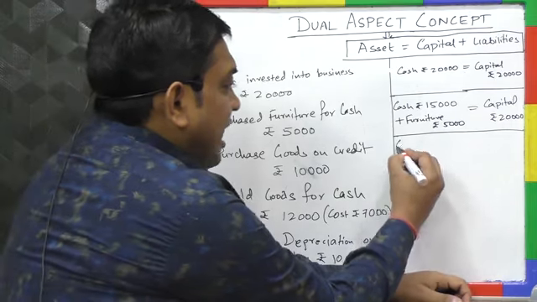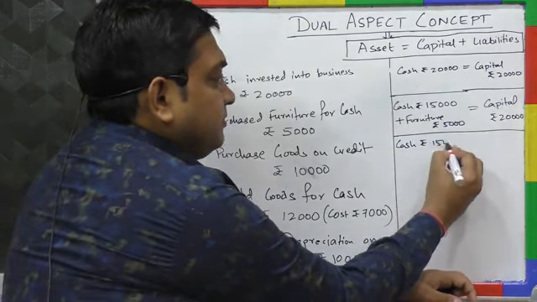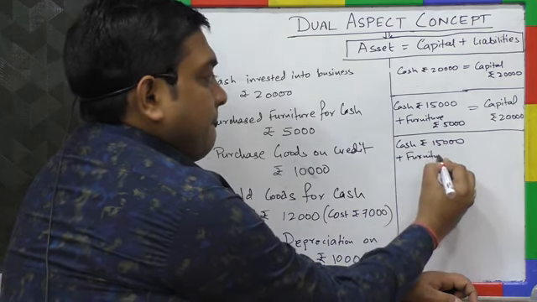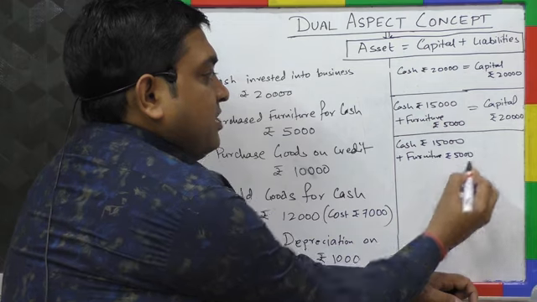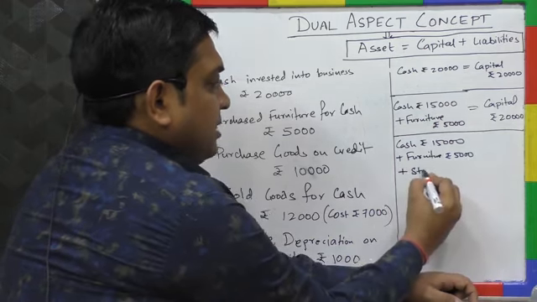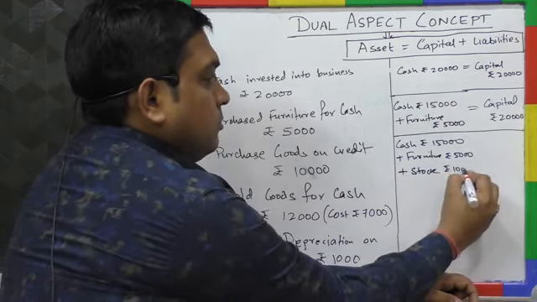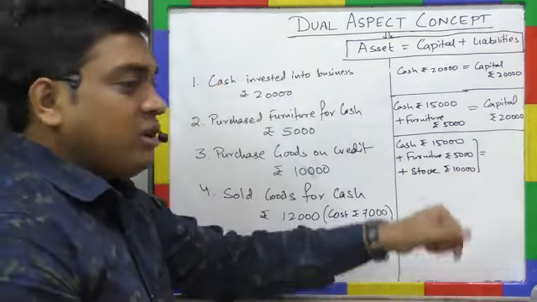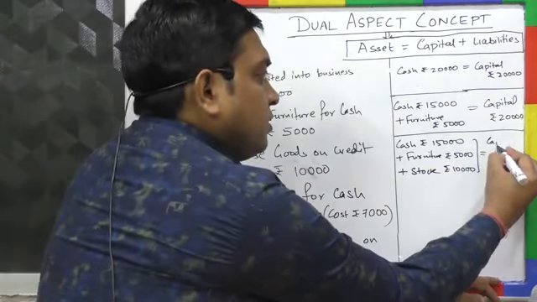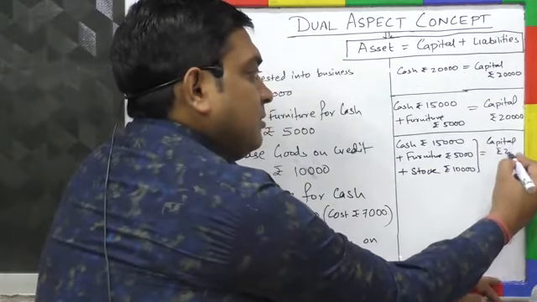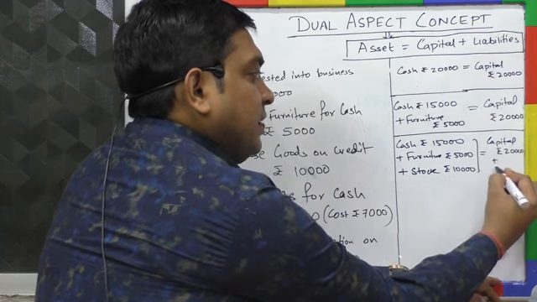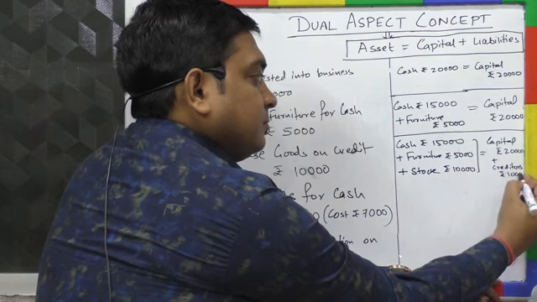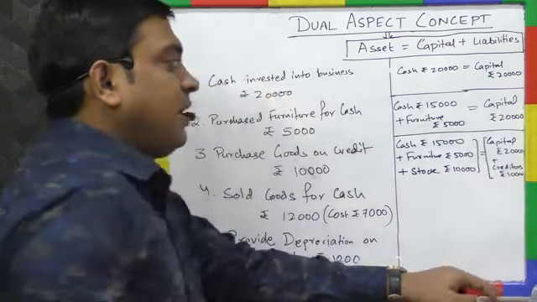So what I will do, I already had cash 15,000 plus furniture 5,000 plus stock 10,000. So the total resource is 30,000. So we have capital 20,000 plus creditors 10,000.